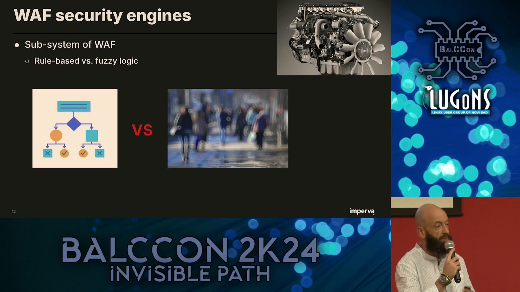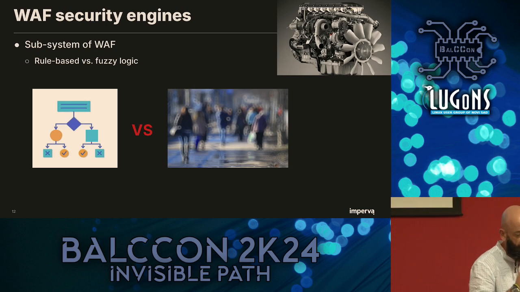Rule-based means we have some set of pre-configured rules, and fuzzy logic means that we use certain heuristics or machine learning techniques that give a score to each and every request, and by that score it decides whether to allow it or not. And also we have this model of positive versus negative security.